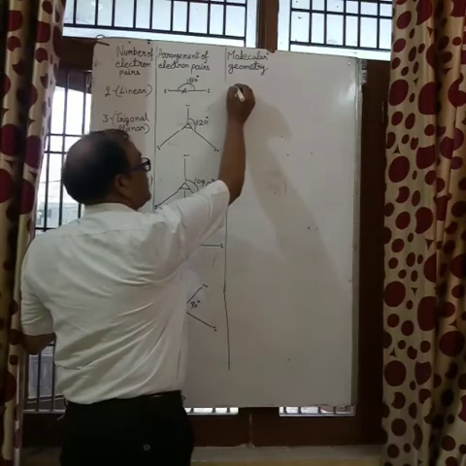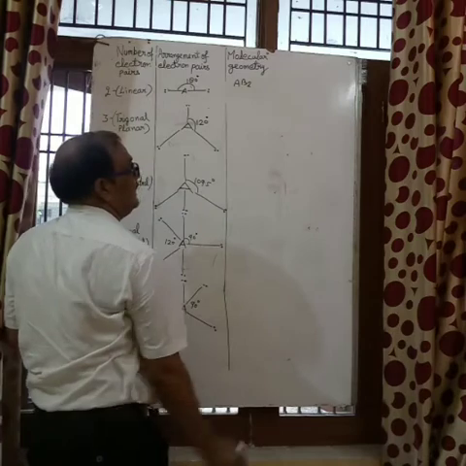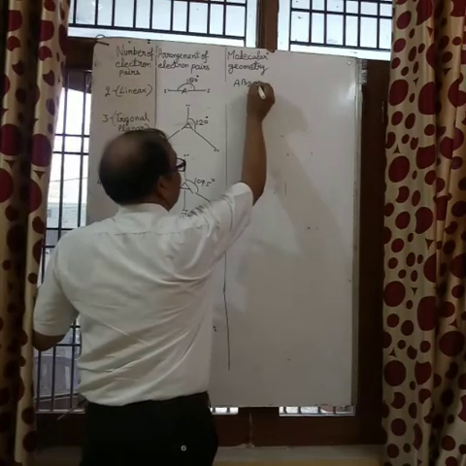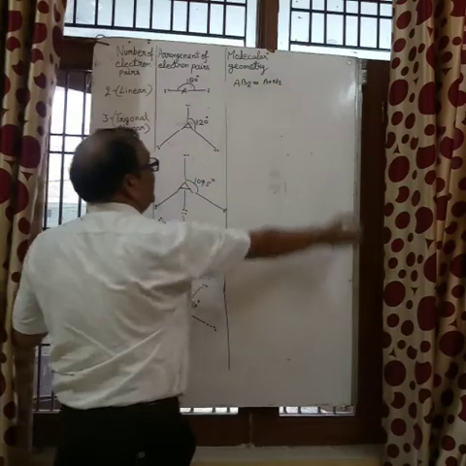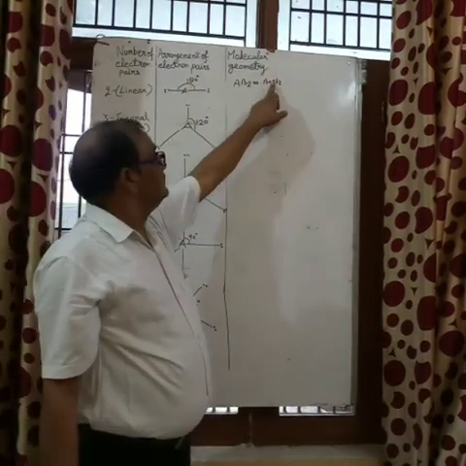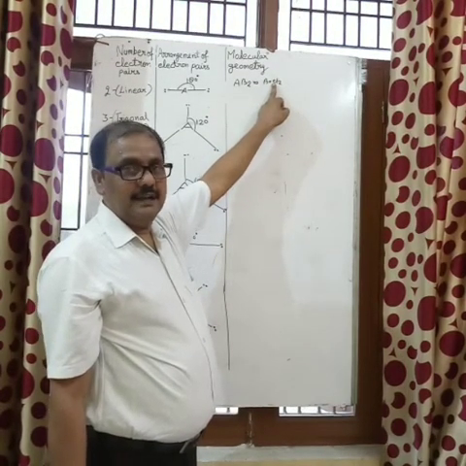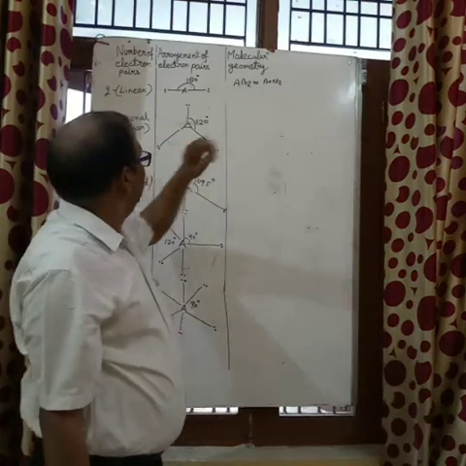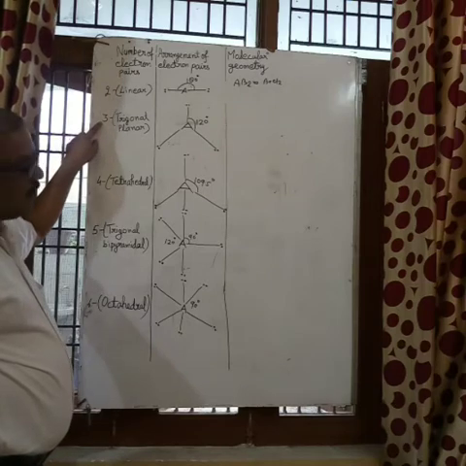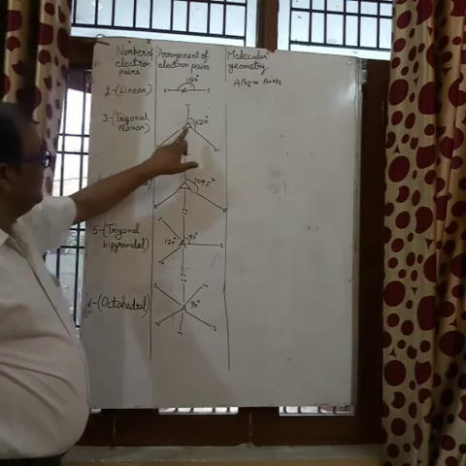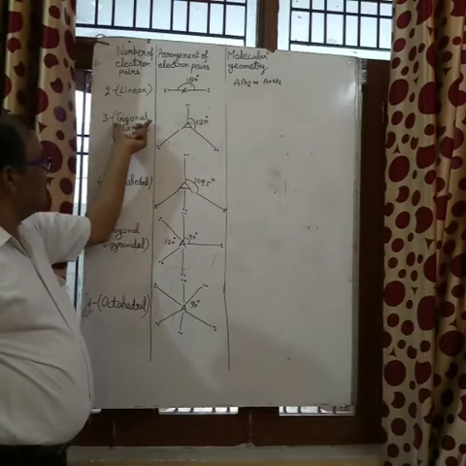And the possible compound is AB2 type, for example BeCl2, and there are 2 bond pairs. It means the geometry of the compound is linear and the bond angle is 180 degrees. Next, if there are 3 electron pairs, then the arrangement of the electrons is trigonal planar.